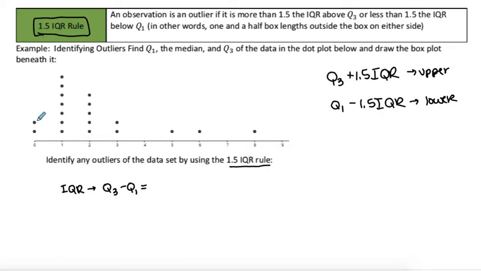All right, so we have 1, 2, 3, 4, 5, 6, 7, 8, 9, 10, 11, 12, 13, 14, 15, 16, 17, 18, 19 observations. When I divide that by 2, 19 divided by 2 is 9.5. So I'm going to go 1, 2, 3, 4, 5, 6, 7, 8, 9, and here's our 10th observation. So our median is going to be that one here.